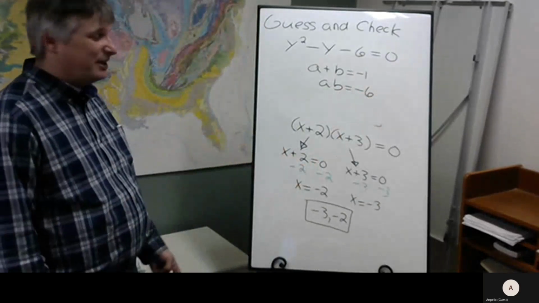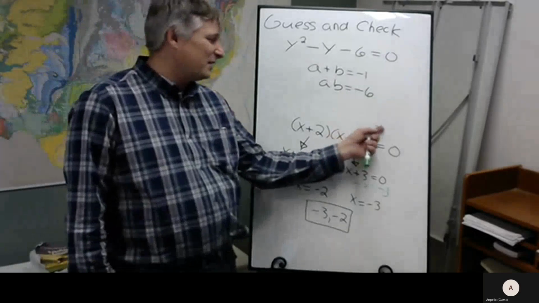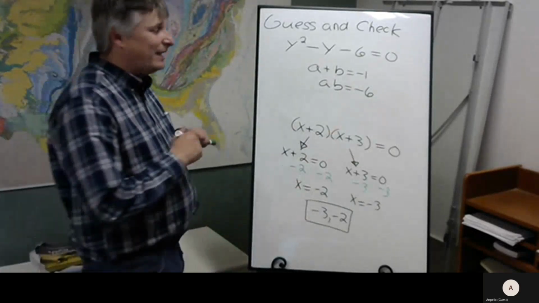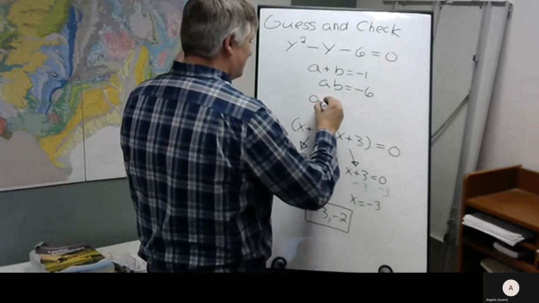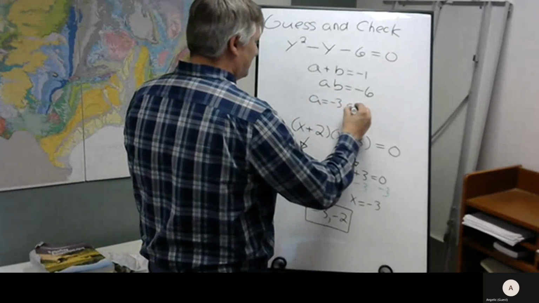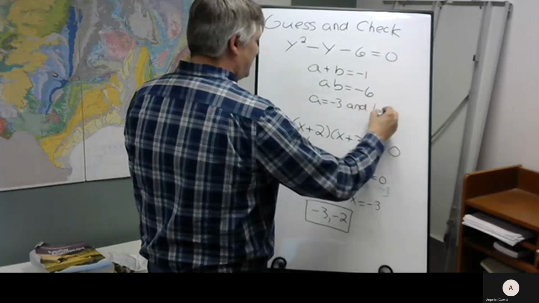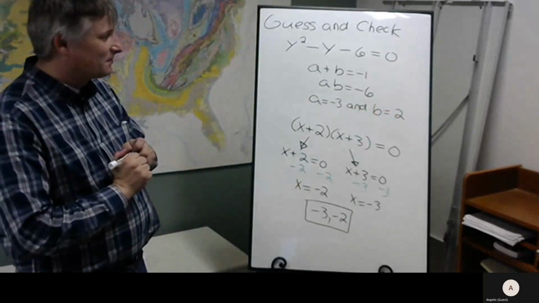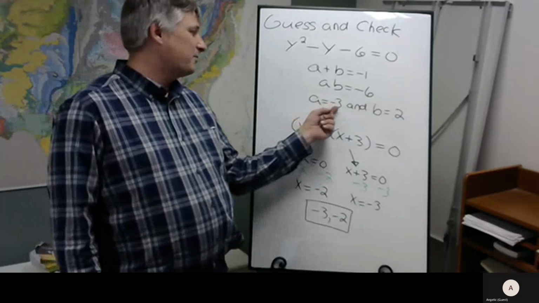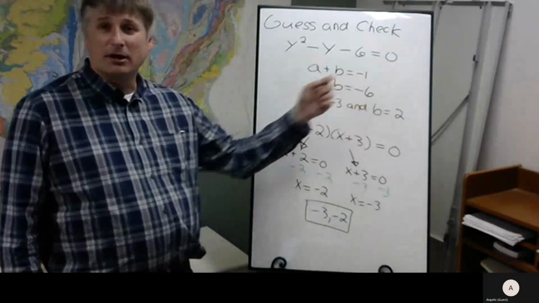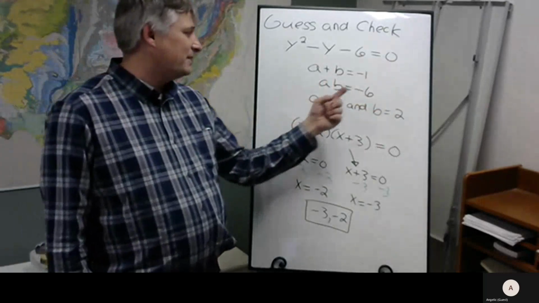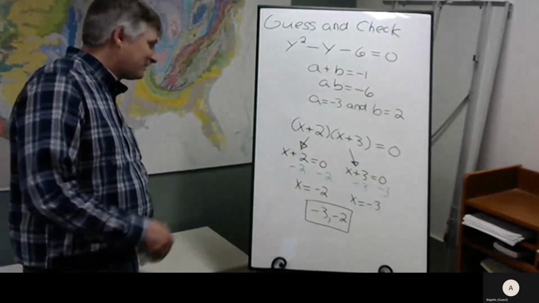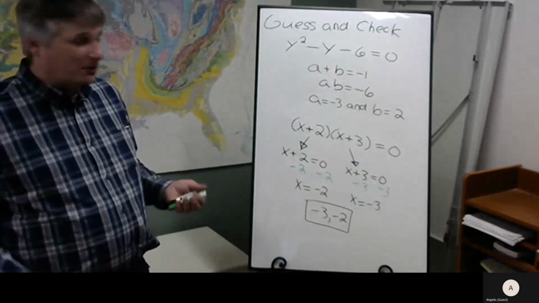And this could take some creativity. You might have to stare at this for a bit, like, gosh, what could that possibly be? But if you let A be -3 and B +2, well, -3 plus 2 is -1. -3 times 2 is -6. So that works.